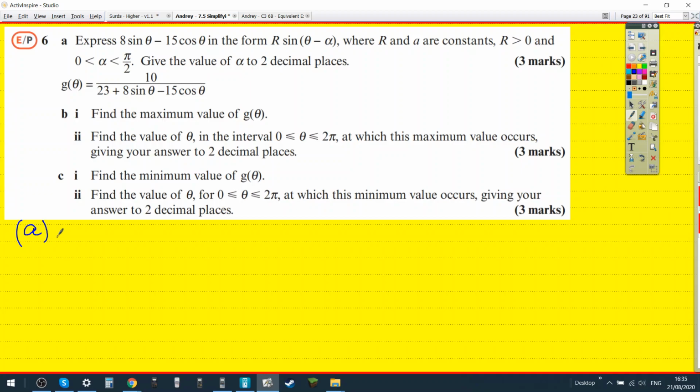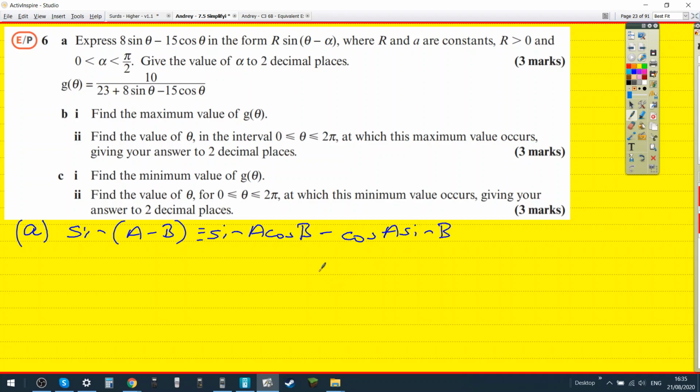So do I need to do sine? Sorry, I forgot what the formula for sine A minus B is. That's given to you. Sine A cos B, and then just has a minus in between, cos A sine B.